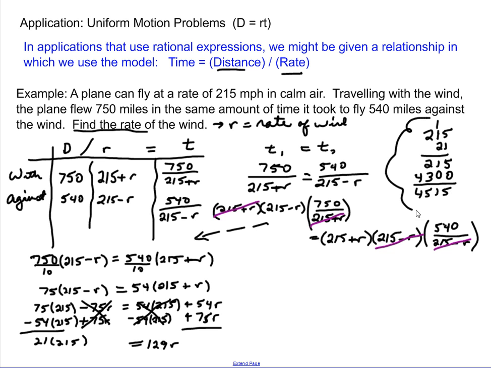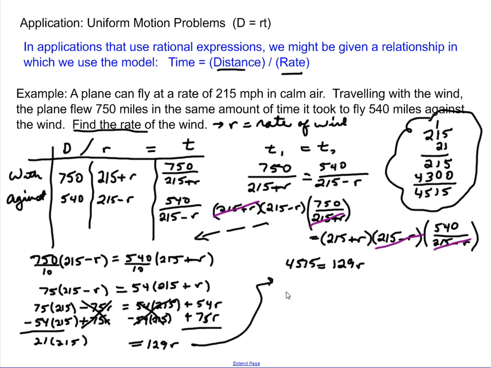So right now, looking at my calculation below, I have 4,515 equals 129r. Now, I know those don't seem like friendly numbers, but it's a lot friendlier than having to multiply 215 times 75 and 215 times 54, then subtract the difference, which would take you a lot longer. So it's a nice little trick to know.